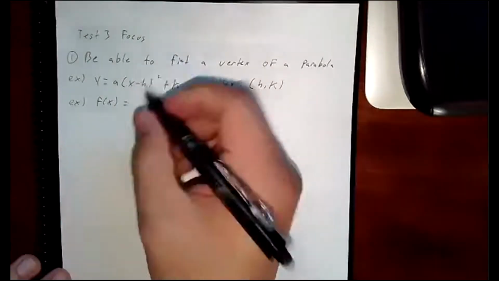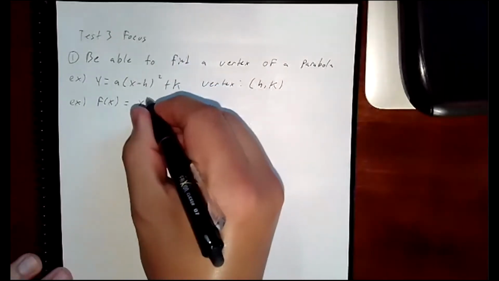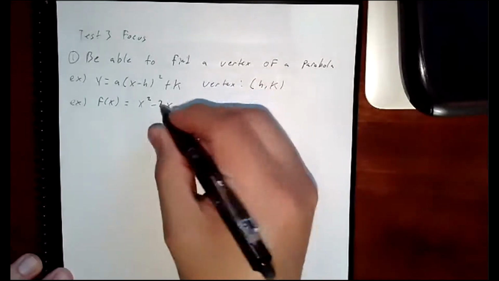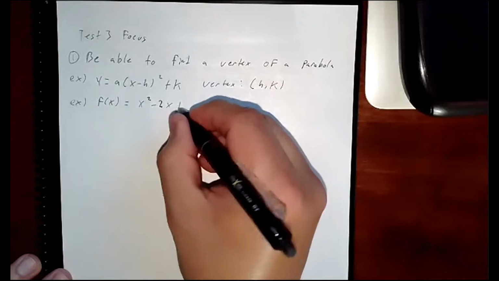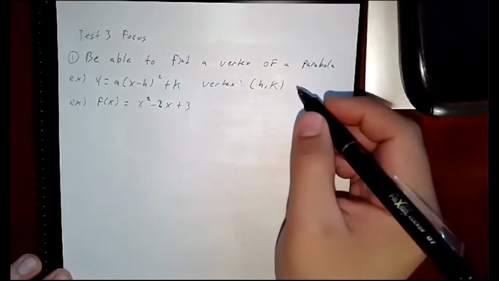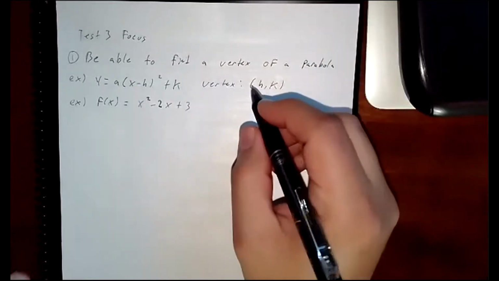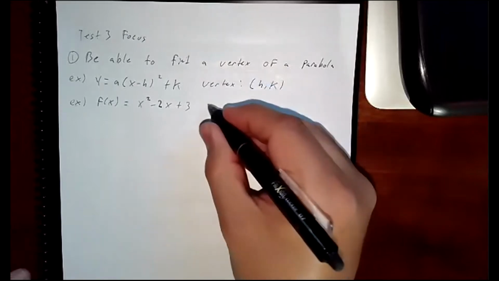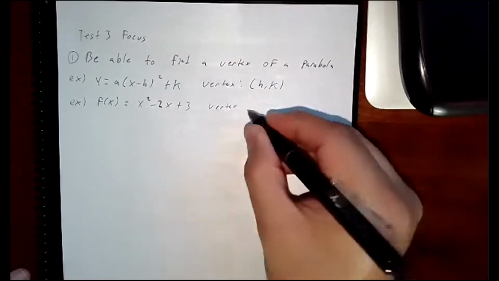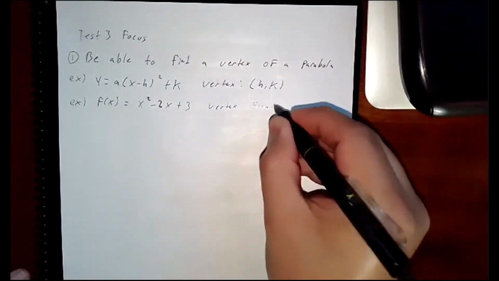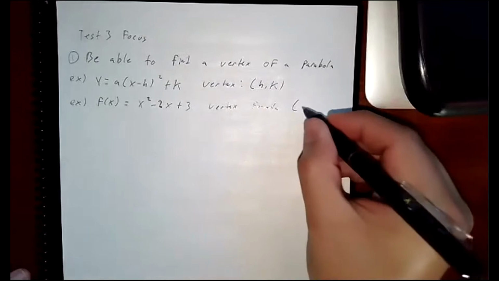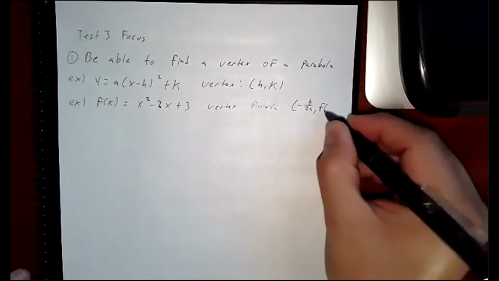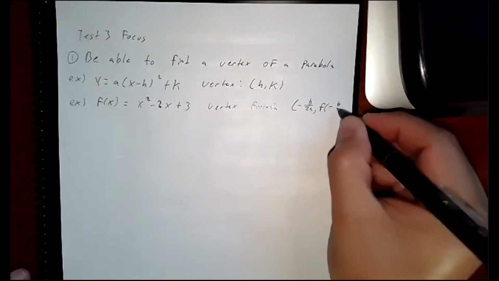Something like this guy: x squared minus 2x plus 3. So this time I'll use some actual numbers. You can use your formula, or you can graph it and then determine the vertex. So the vertex formula would be negative b over 2a, comma, the function at that value, negative b over 2a.